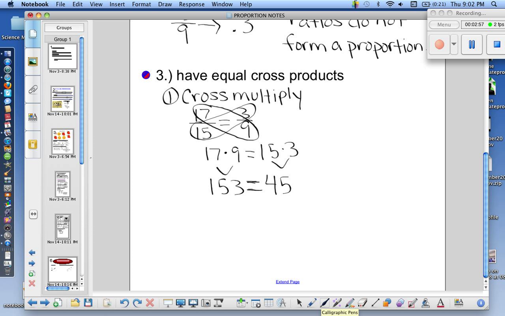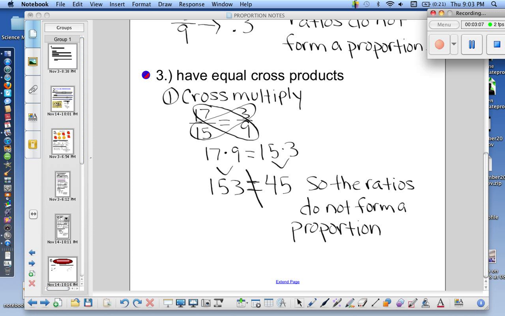But these numbers are not equal, so we need to show that by putting that slash bar through it. 153 is not equal to 45. And then we need to make sure we write our conclusion. Again, make sure you check your work, and if there's any questions, we need to stop the video to raise our hands. And the ratios do not form a proportion because their cross products are not equal.